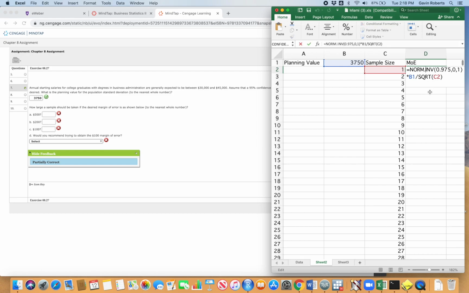Now we're going to drag this formula down to figure out what this number is for a bunch of different values. But because I'm going to do that, I want to go ahead and lock this cell. I believe on a Windows machine, you can do that by hitting F4. On a Mac, I think we got to do Command T. Ooh, it worked.